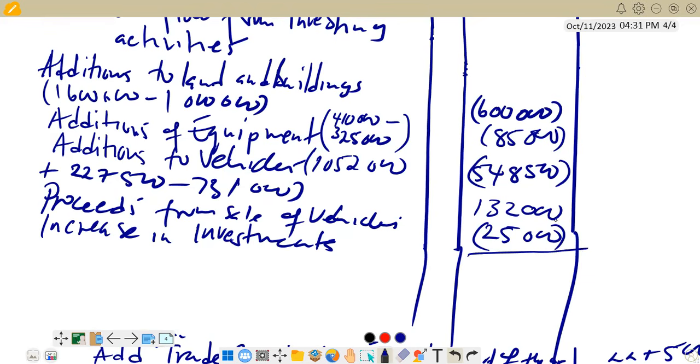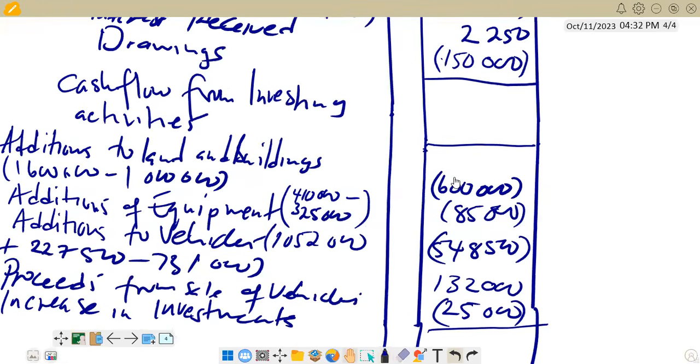We close here and here and get the total for investing activities. So what we are going to do here, we're going to say negative 600 minus 18,000 minus 514,500. Then we add 132,000. We say minus again 25,000. So the answer that we are supposed to get there is the investing activity that we are going to put here. We are supposed to get a negative 1,126,500. It's a negative figure. So that's what we have.